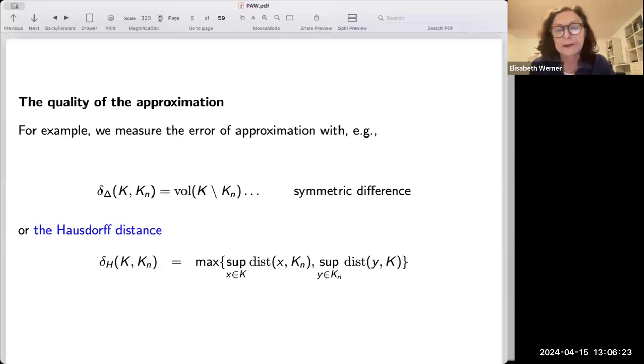Well, we'll take an x in K. We look at the distance from x to the random polytope Kn, and we'll take the sup over all x in K. And then we interchange the roles of K and Kn. That gives us the second expression here, the distance to K, sup over all y in Kn, and we'll take the maximum over these two expressions.